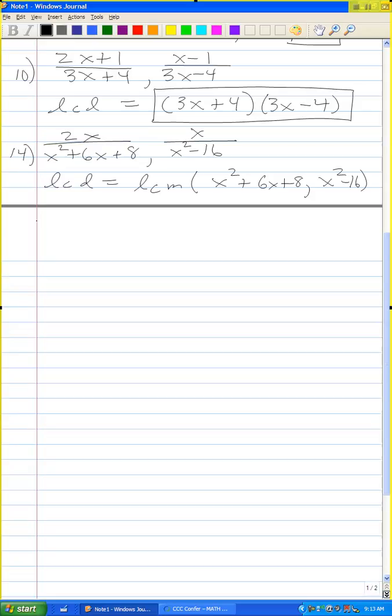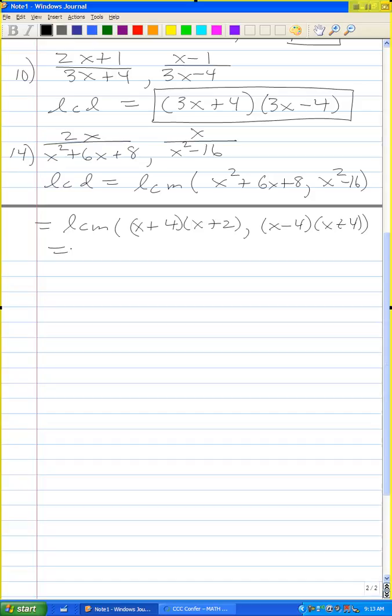Well, let's factor each of these. And so it's the least common multiple of, well, x plus 4 times x plus 2. And x squared minus 16 I can factor into x minus 4 times x plus 4.